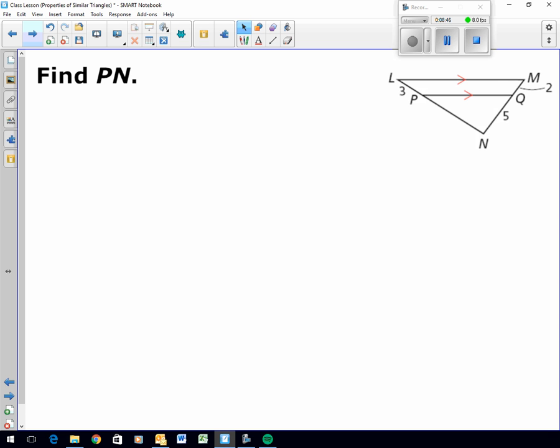LM is parallel to PQ, which it is, and PQ intersects or touches the other 2 sides of the triangle, then those other sides of the triangle are proportional. That's cool, right? Yeah? So how'd you set this up, Ms. Faulkner?